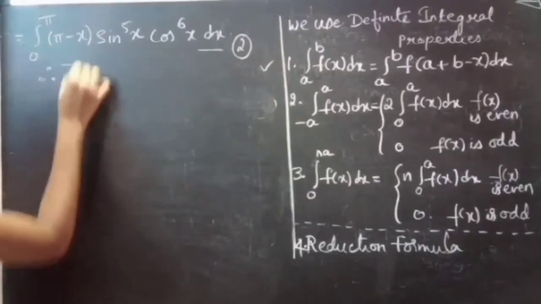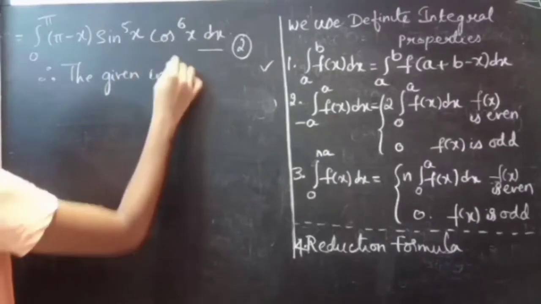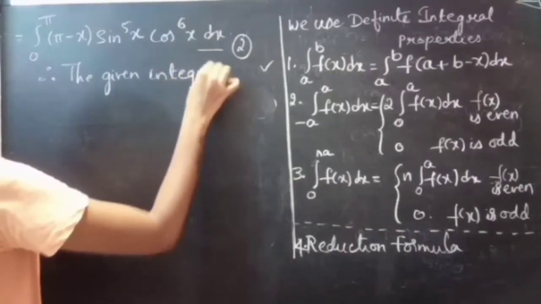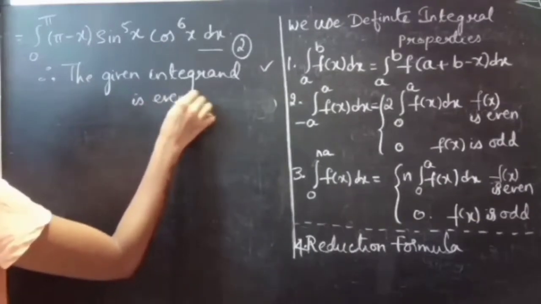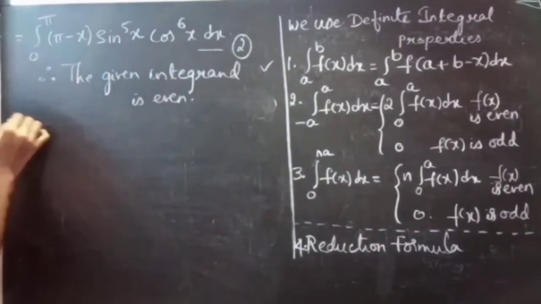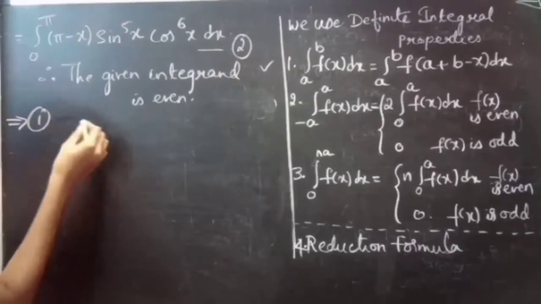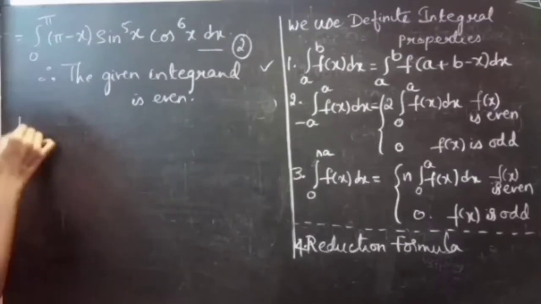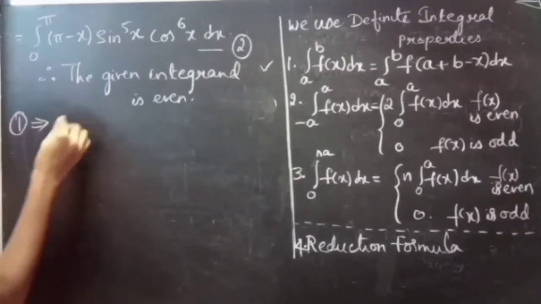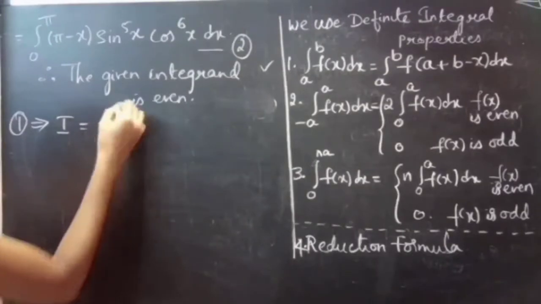Therefore, the given integrand is even. Okay. So now equation 1 becomes, equation 1 implies I equals integral from 0 to pi.